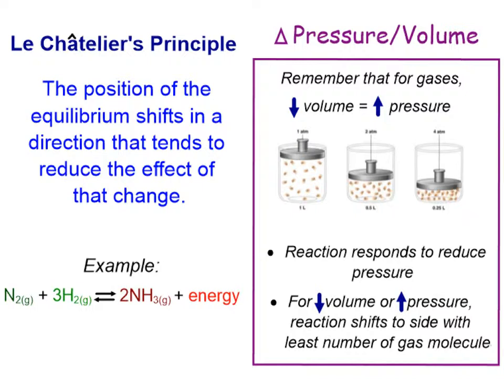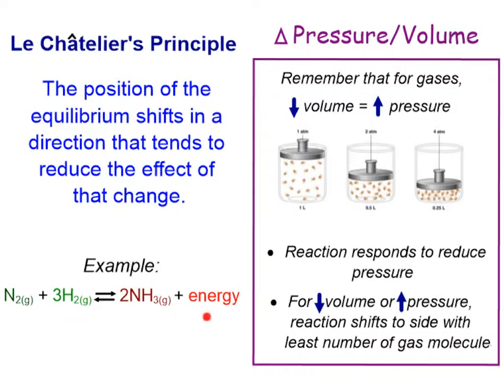And if we decrease the volume and/or increase the pressure, a reaction is going to respond to reduce that pressure. It doesn't like the pressure. So for reactions involving gases, decreasing the volume or increasing the pressure is going to shift the reaction to the side with the least number of gas molecules. That will help reduce the pressure.